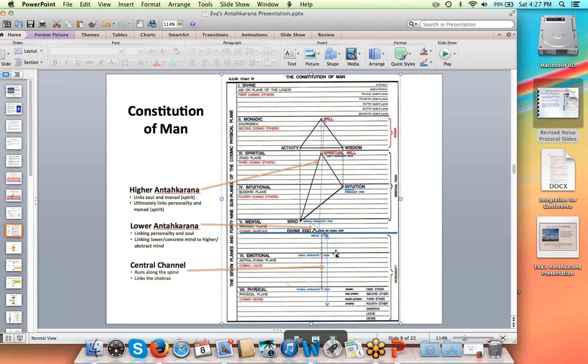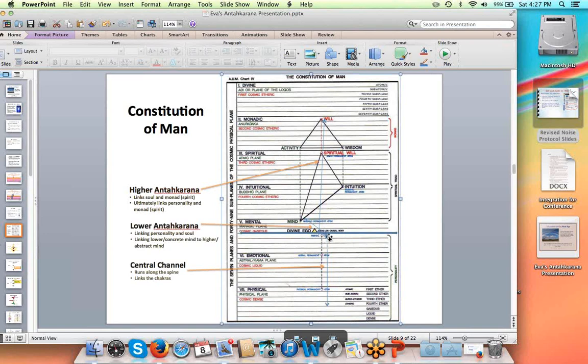So 7 and 7 is 14 plus another 4 makes 18. This is the lower subplanes of what we call our lunar nature, of our personality. And this is what eventually we have to redeem. This is what eventually we purify, all these lower subplanes.